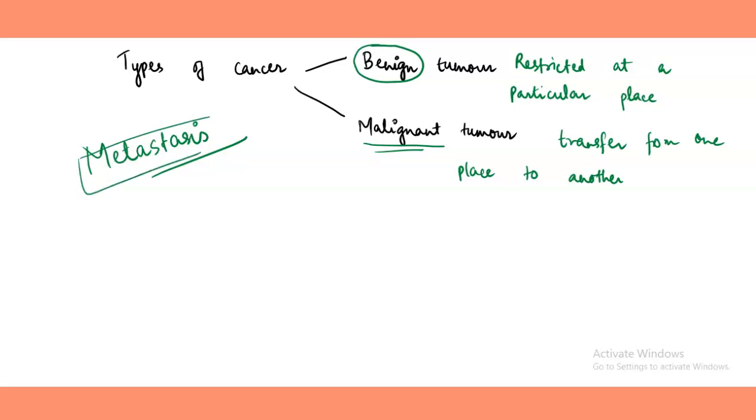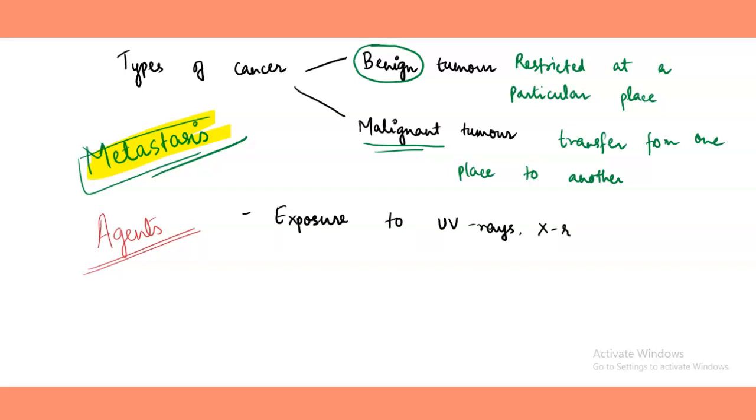This term is important. Now, what are the various agents which are responsible for giving birth to this disease? Of course, exposure to UV rays and X-rays is harmful and may give rise to cancer.